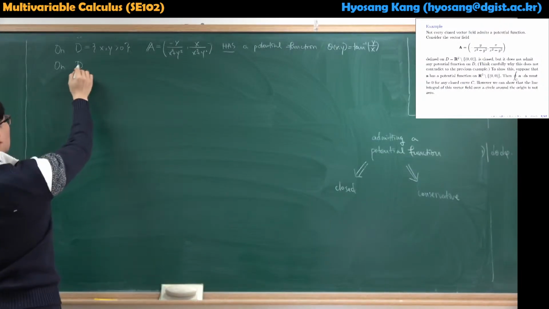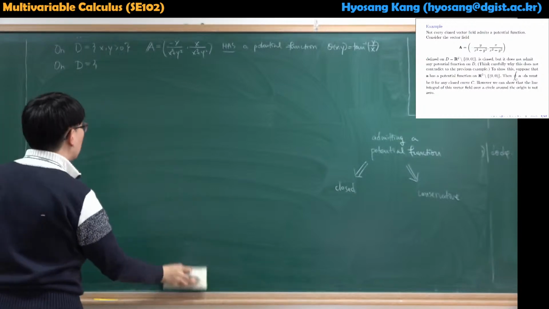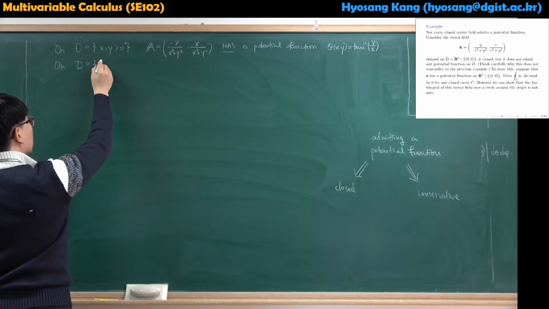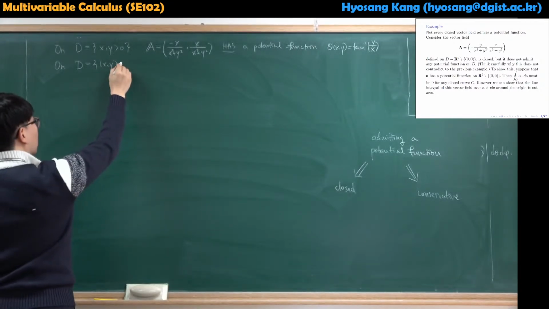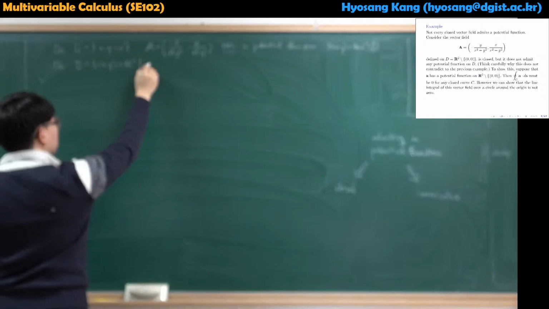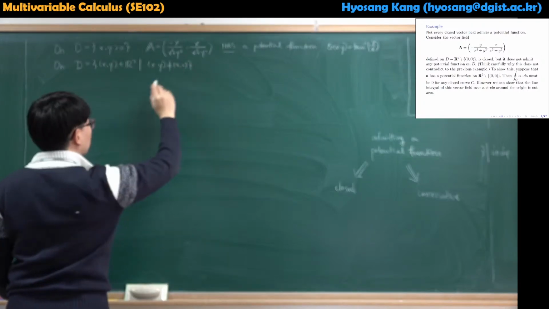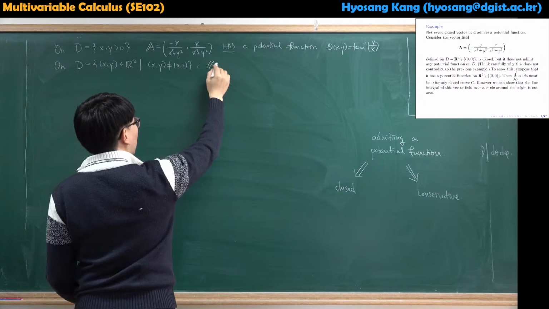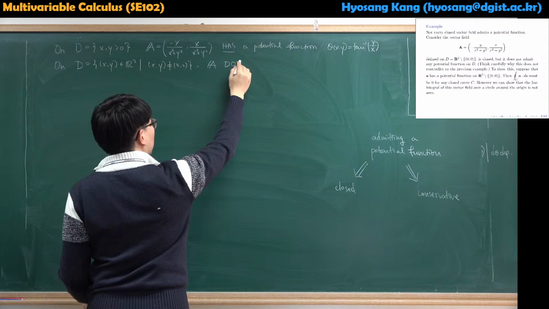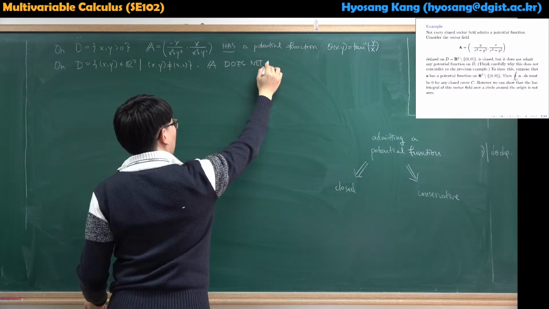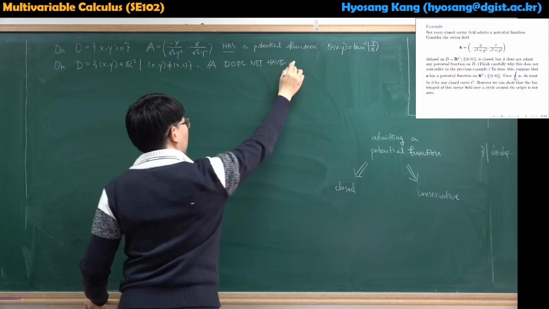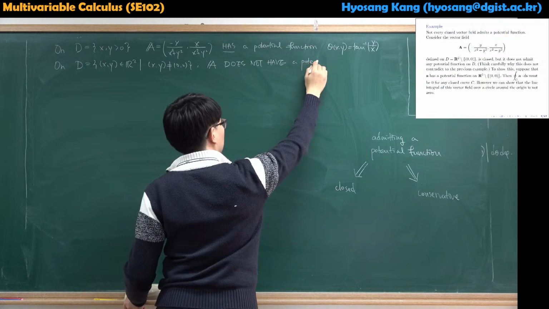On the domain in two-dimensional space where x, y are not both equal to 0, this A does not have a potential function.